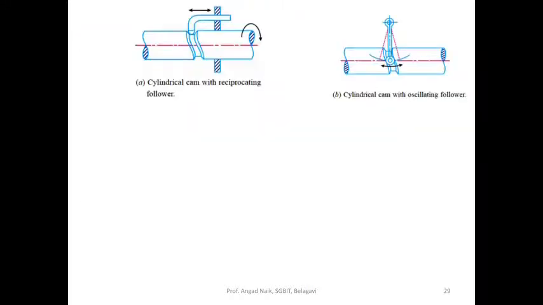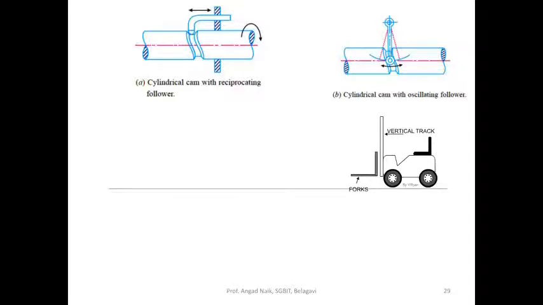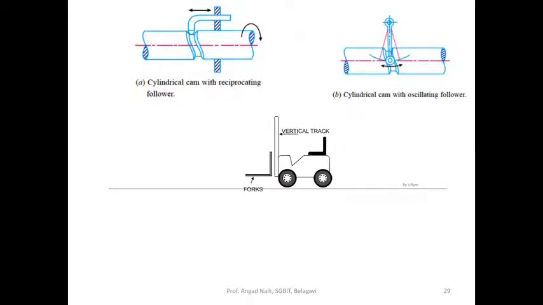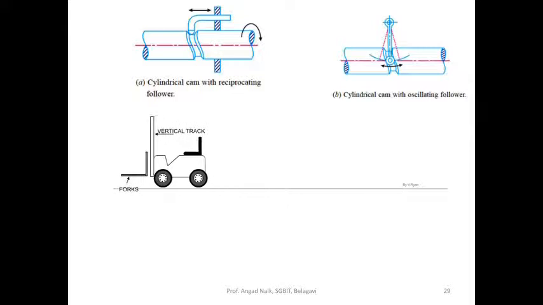Now we'll have a look at two cylindrical cams, one with a reciprocating follower, the other one with an oscillating follower. We'll have a look at an animation wherein the same is used for vertical motion of the forks.